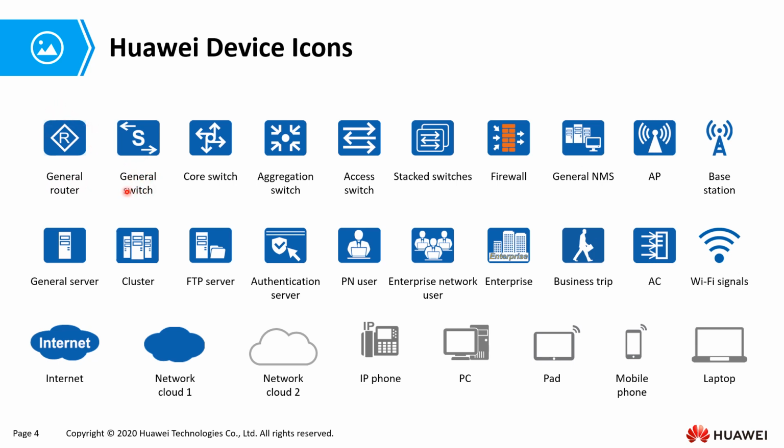This is the icon for general switch, core switch, aggregation switch, access switch, stacked switches, firewall, general network management station, access point, base station, general server cluster, FTP server, authentication server, BN user, enterprise network users, enterprise business trip access controller, Wi-Fi signals, internet, network cloud 1 and network cloud 2, IP telephony, PC, bed, mobile phone and laptop.